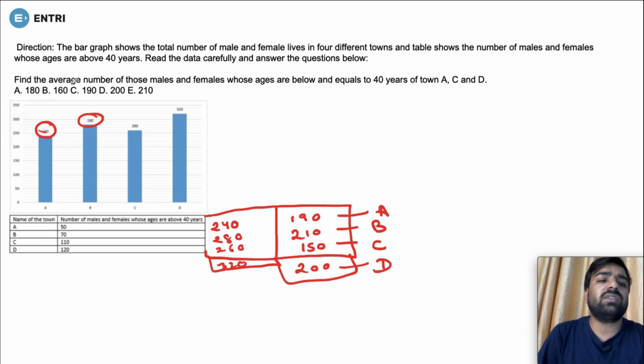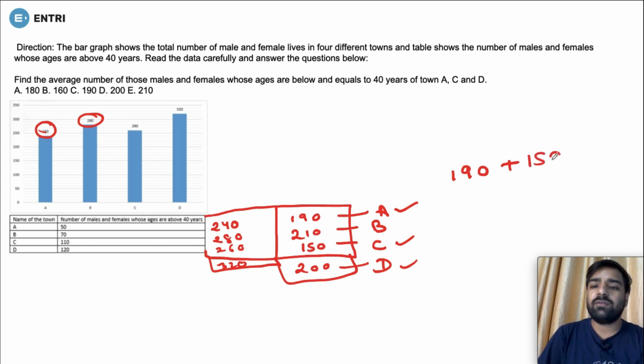Now what are we asked? We are asked to find the average number of those males and females whose ages are below or equal to 40 years of towns A, C and D. So it is 190 for town A, 150 for C, and 200 for D. They are asking about the average, so we will just divide by 3.